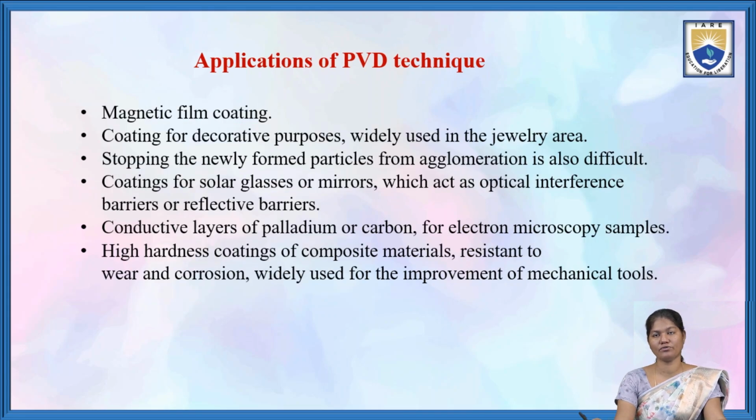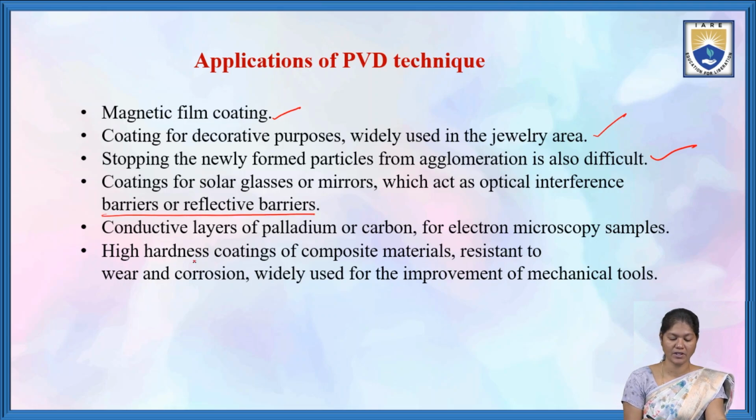Coming to the applications of the PVD technique, it can be used in magnetic film coating and for decorative purposes, widely used in the jewelry area. It can be used as a coating for solar glasses or mirrors, which act as optical interference barriers and reflective barriers.